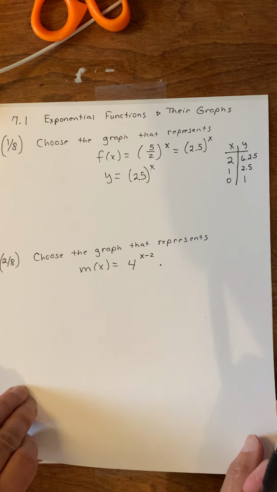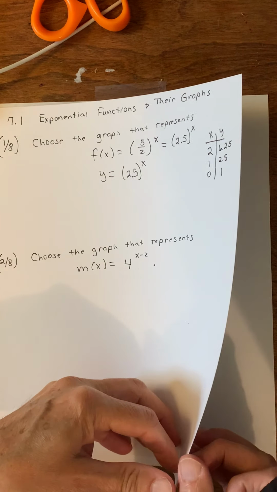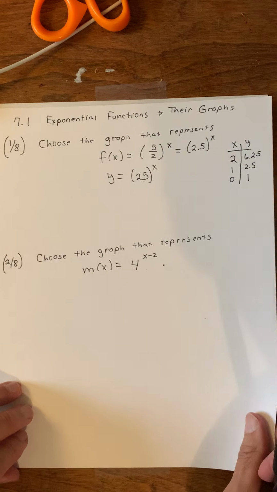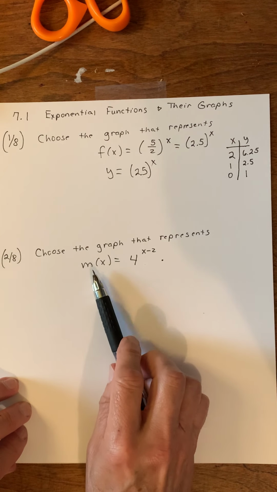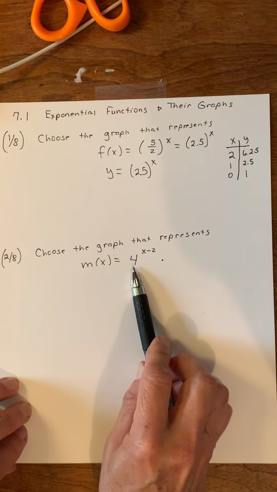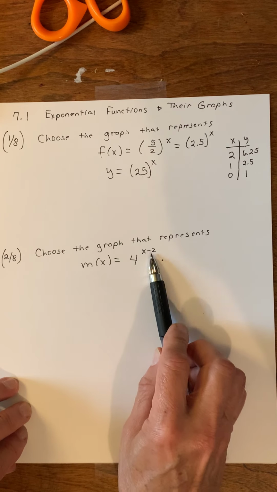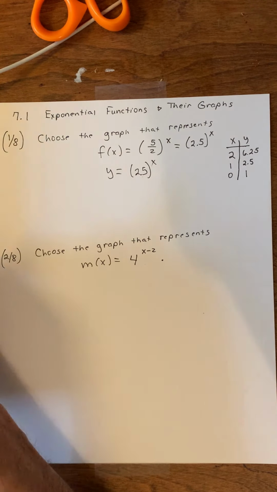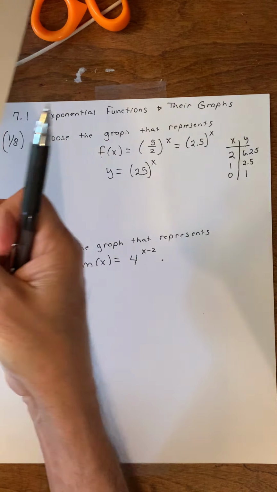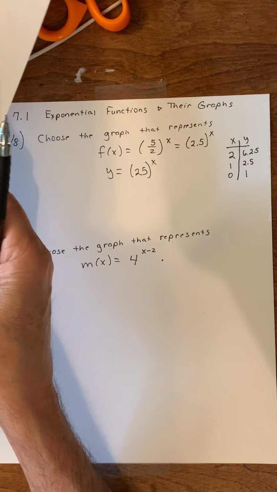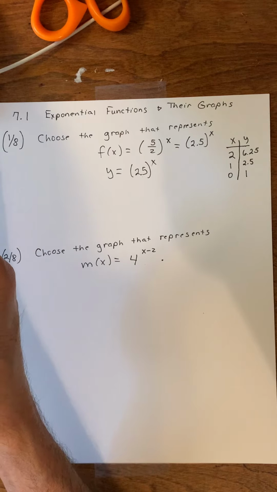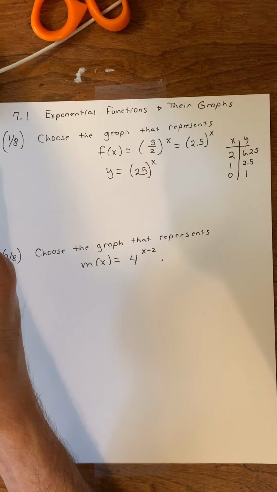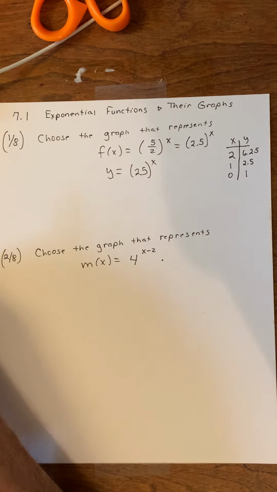All right. Next problem. Choose the graph that represents m of x equals 4 to the x minus 2 power. Here's where we're going to have to remember what our translations or transformations of functions look like.